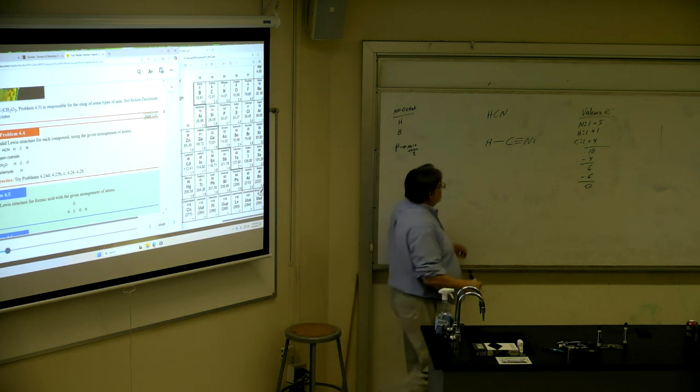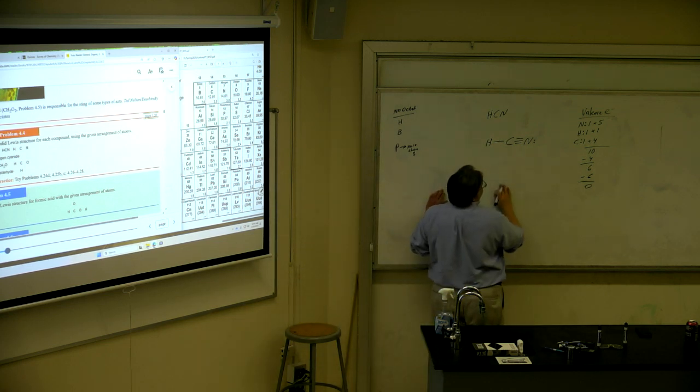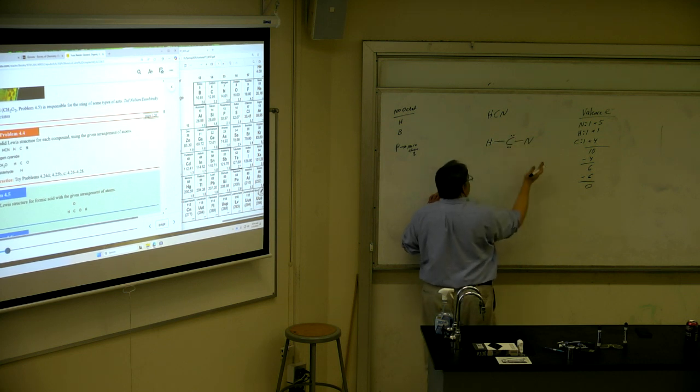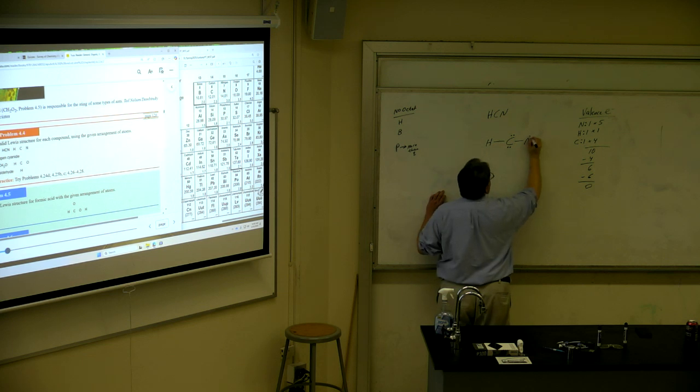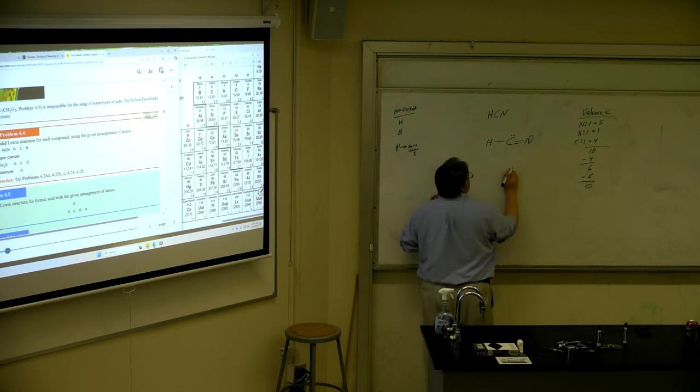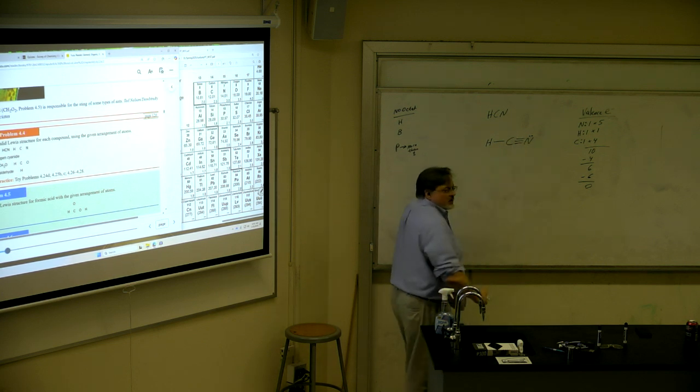That's the structure. What if I took those 6 and went 2, 4, now I've got the octet on carbon, 6, like that. The problem is now I don't have an octet here, so I'd use that pair, use this pair, and it still works out the same.